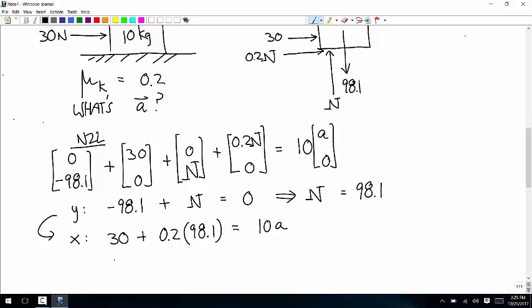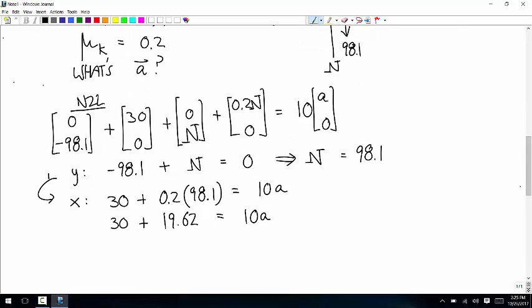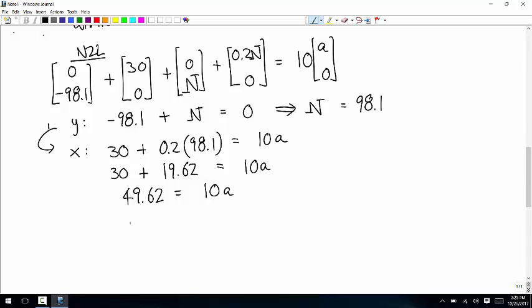And so 30 plus, I think that's 19.62, is equal to 10a. So 49.62 is equal to 10a. And so a is equal to 4.962 meters per second squared.